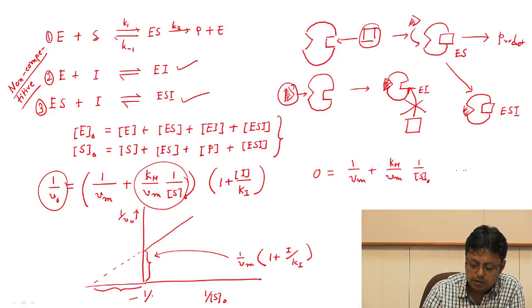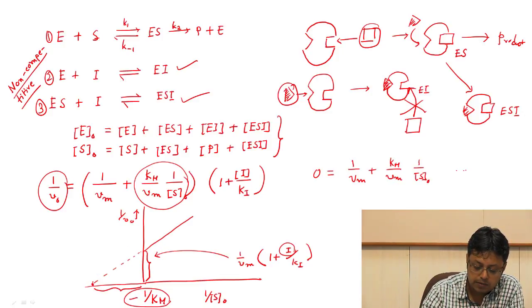Now I have a very interesting situation here. I see that the x-intercept is independent of the inhibitor concentration because it doesn't appear. However, the y-intercept depends on the inhibitor concentration. If I increase the inhibitor concentration, I'll have a value which is more because it is proportional to the inhibitor concentration, but the x-intercept doesn't change.